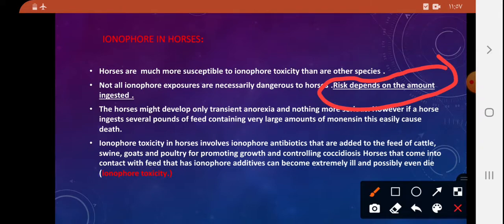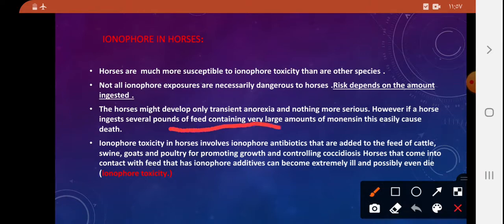The horses might develop only transient anorexia and nothing more serious. However, if the horses ingest several pounds of feed containing a very large amount of monensin, this easily causes death.